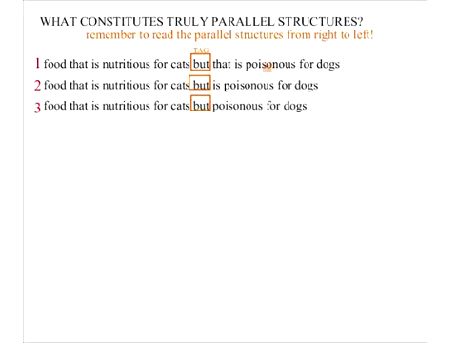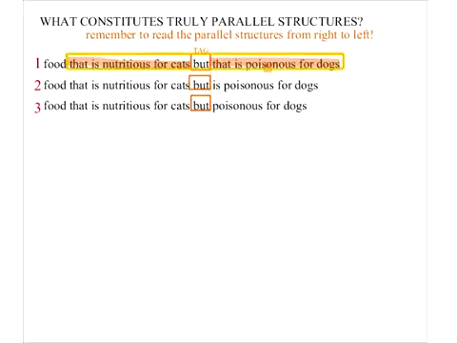So the right-hand thing here is that is poisonous for dogs. How much of this would you take on the left? Yeah, you would take the part that starts with that is. So you have 2 that clauses. You just take this much of it and say, this is my parallel structure.